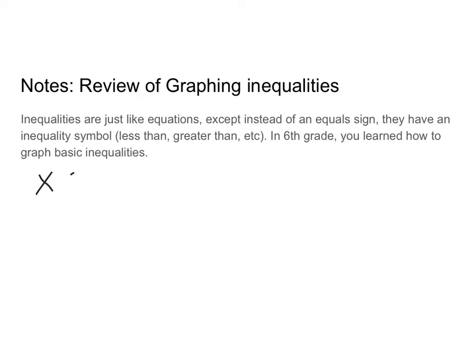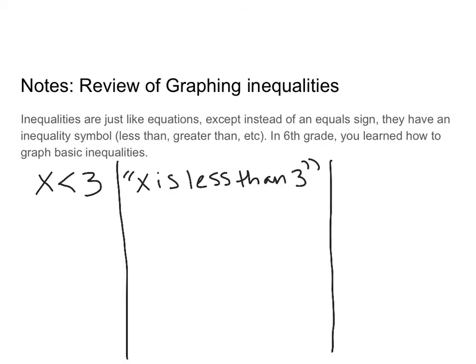We'll start with x is less than 3, and we're also going to write it out in words. X is less than 3. On a number line, so draw a number line with me. Since it's less than 3, we're going to have an arrow going down.